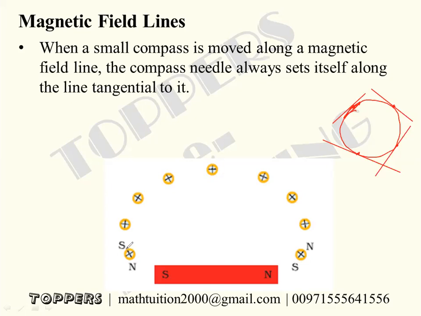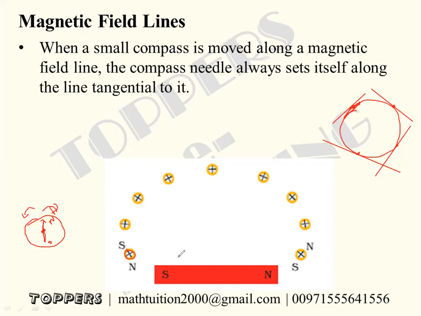If you keep it here, what happens to the needle? The compass has a needle. One end is north, another is south, and it is pivoted at the center. So it can rotate clockwise or anti-clockwise.